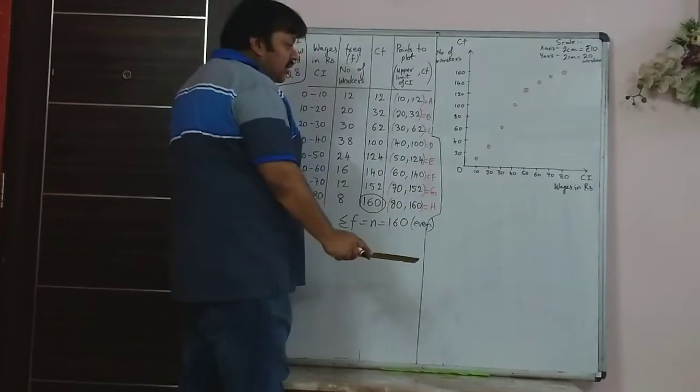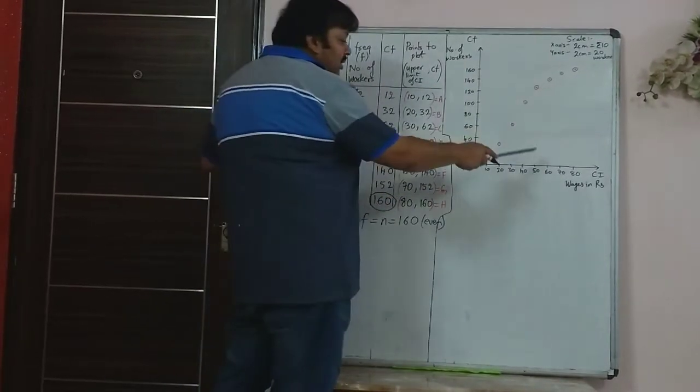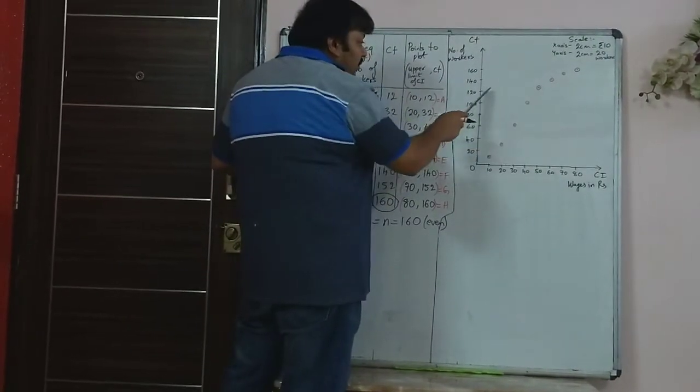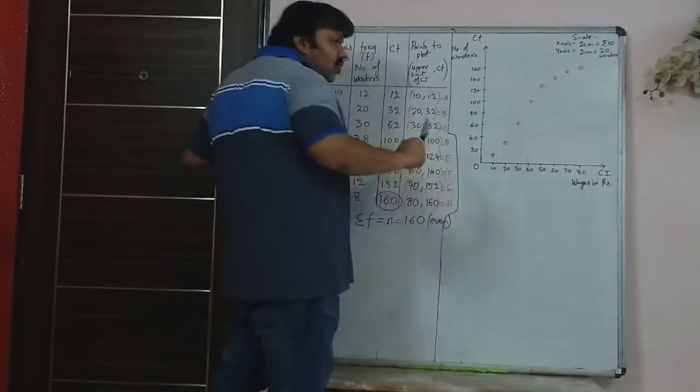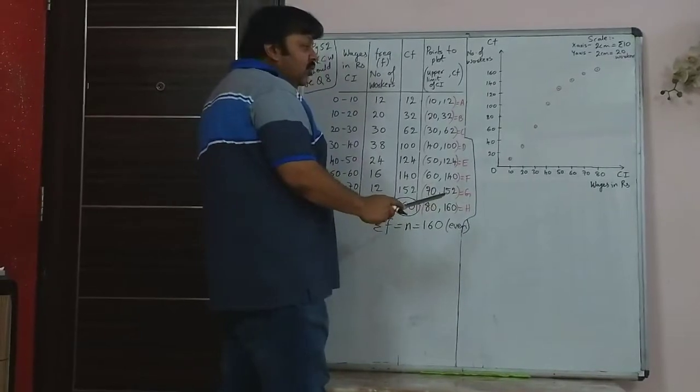So 40 with 100. 50 is plotted with 124. Once you take 120, two small lines above 120 will be 124.